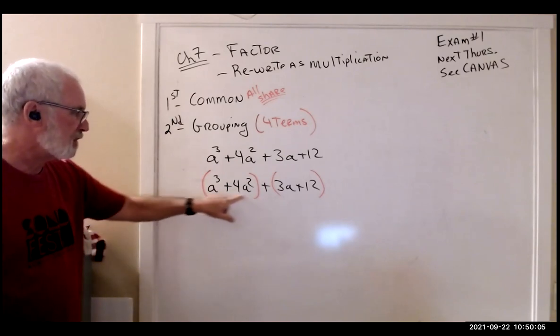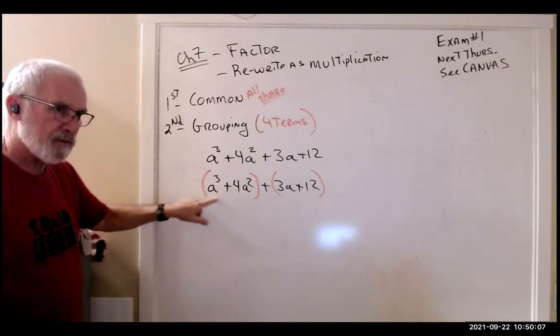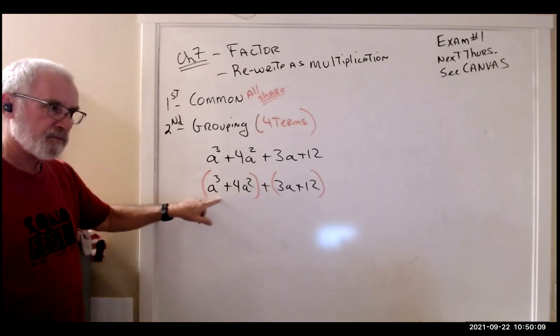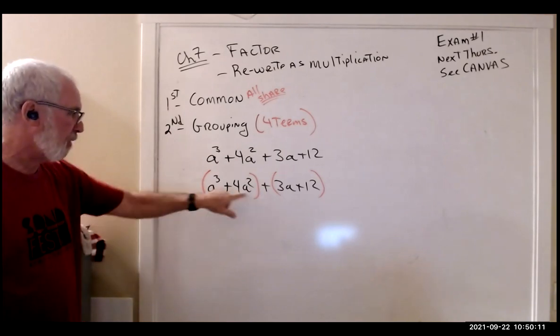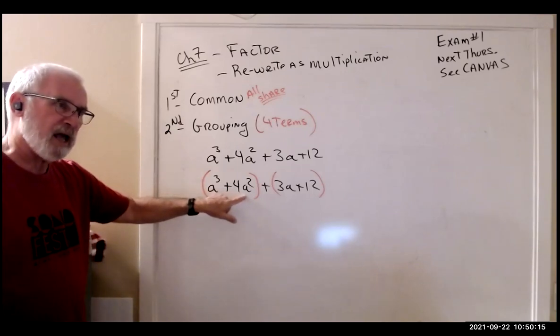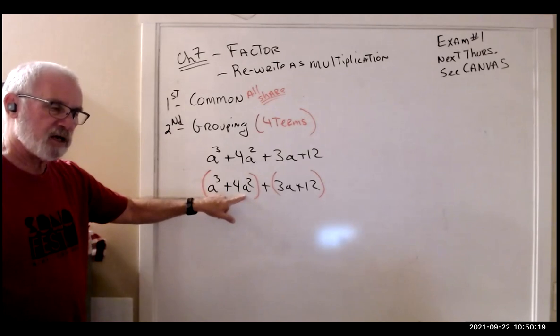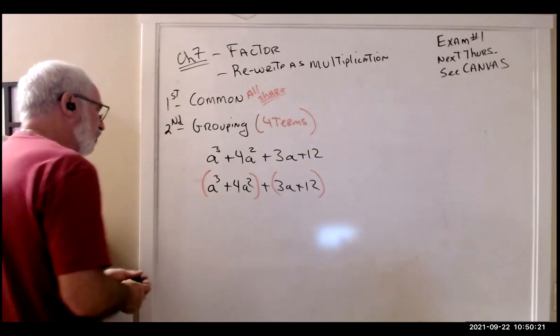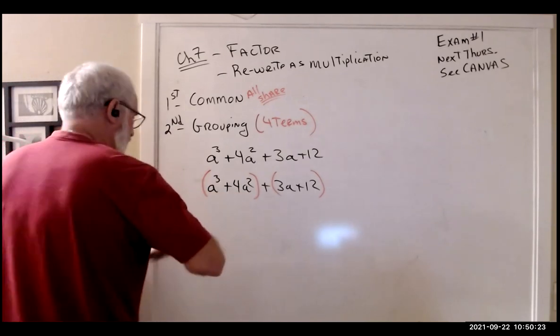What do these have in common? Well, they both have an A. Whoa. They both have bigger than an A. They have a to the second power in common. Okay, so I could say, can you guys see that?